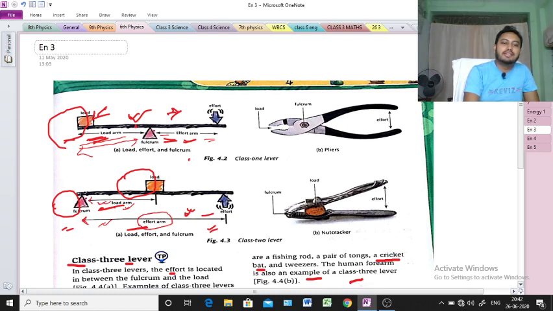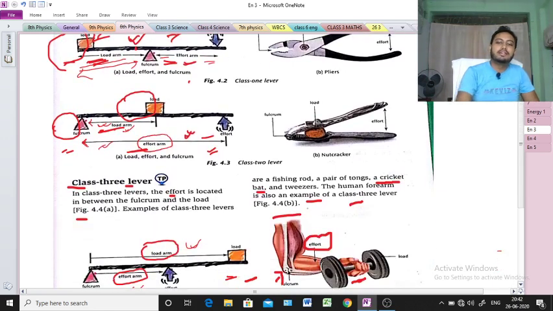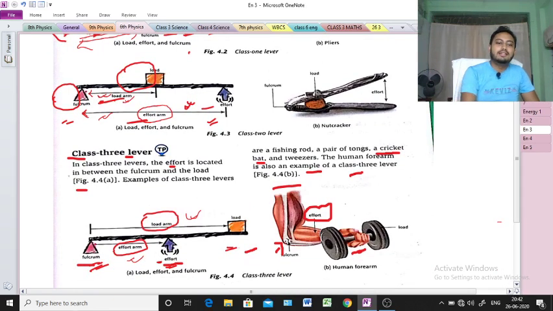Clear? In the class 3 lever, the length of the load arm is always greater than the length of the effort arm. That means in class 2 the effort arm is greater, and in class 3 the load arm is greater.